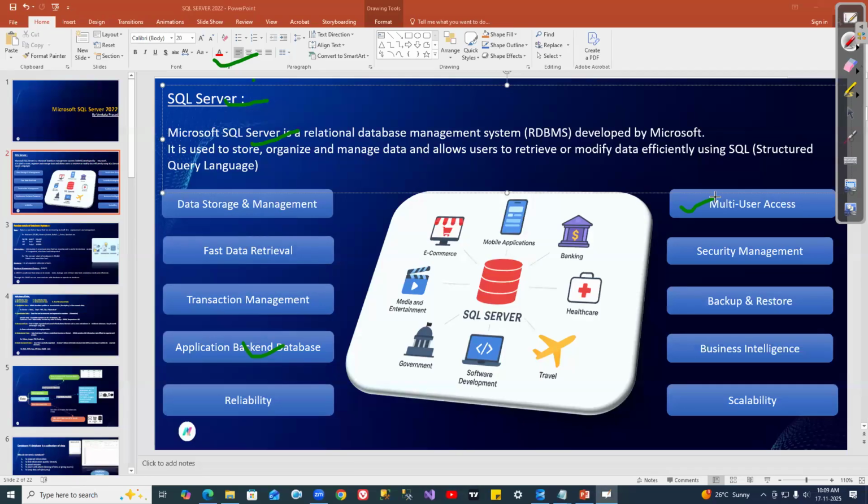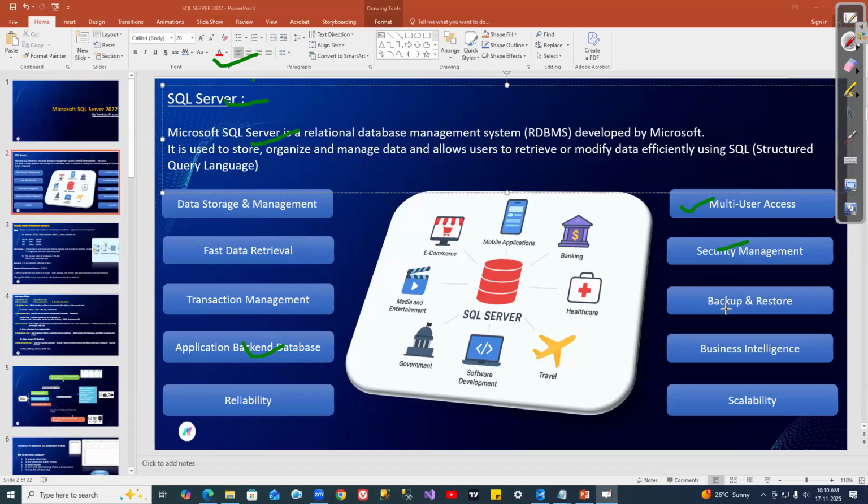Many users can use the database at the same time without data conflicts, and also high security management. It has backup and restore if the system crashes or something accidentally happens. So instead of losing all the data, it has restoration and recovery techniques.